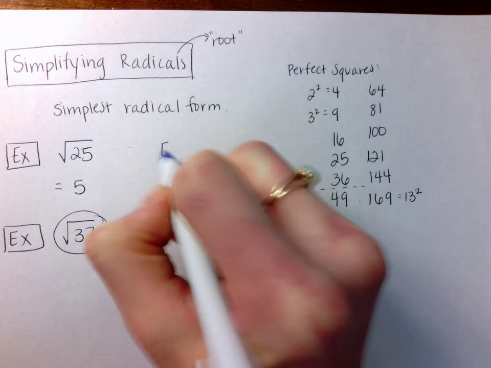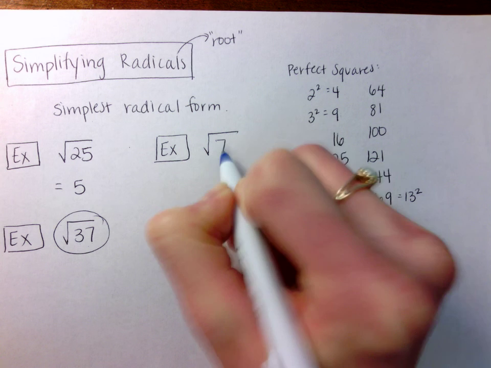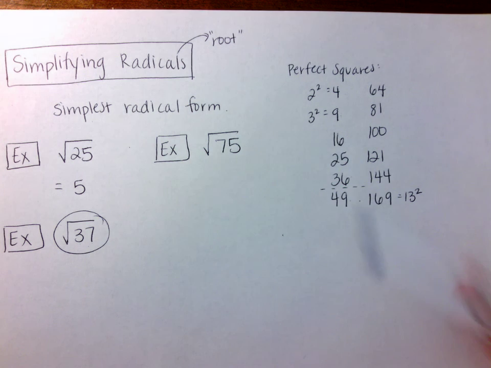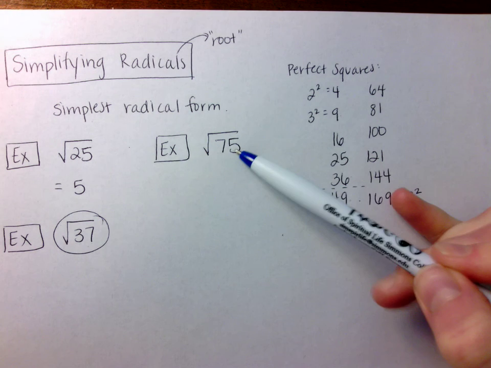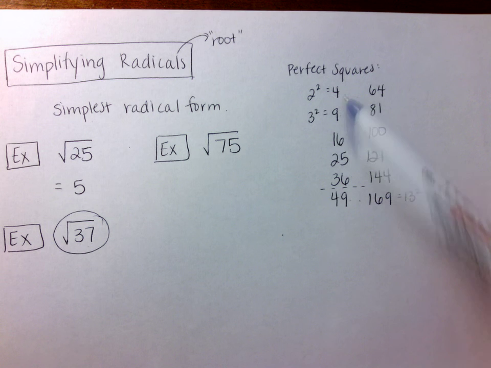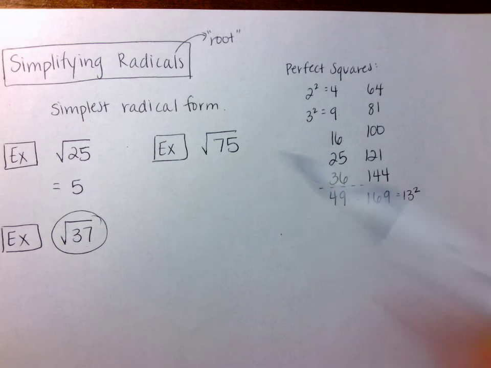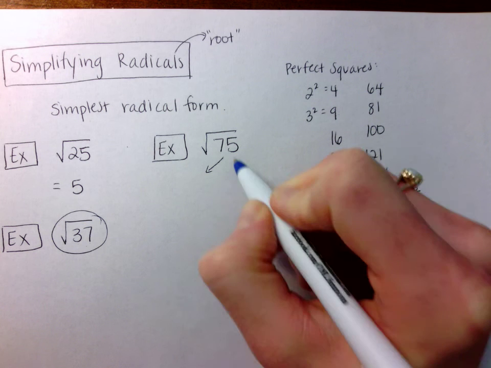Let's do a little bit of a different one. How about the square root of 75? So now this one, I'm thinking it's not prime, so I might have a perfect square that goes in. So I'm going to start checking and thinking about which of these perfect squares will go into 75. And then I'm going to split my radical into that.